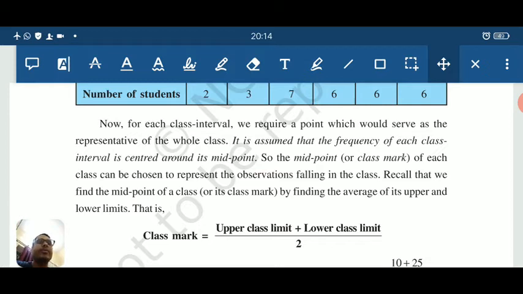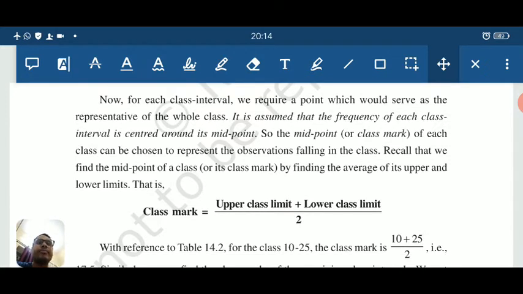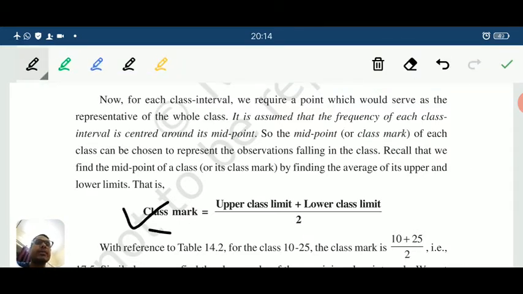The midpoint, which is a class mark, we have already studied in class 9th, that is how to find the midpoint or the class mark of the given class interval. So to find the class mark, we divide the addition of upper class limit and lower class limit by 2. So this is how we get the class marks: upper class limit plus lower class limit by 2.